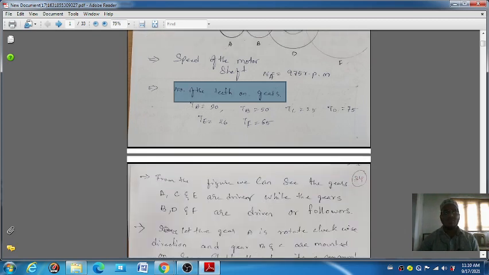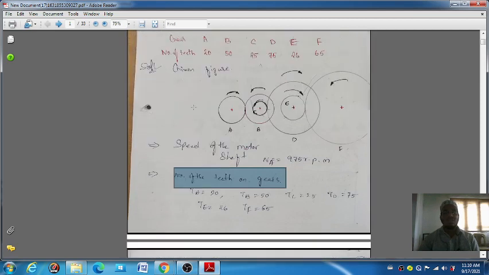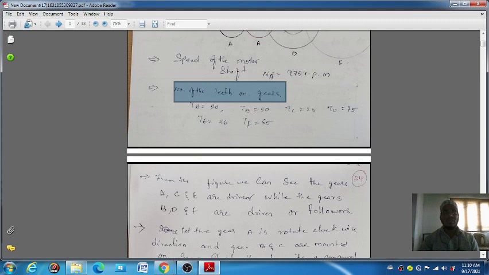Next, from the figure we can say that the gears A, C and E are drivers, while the gears B, D, F are driven. How?